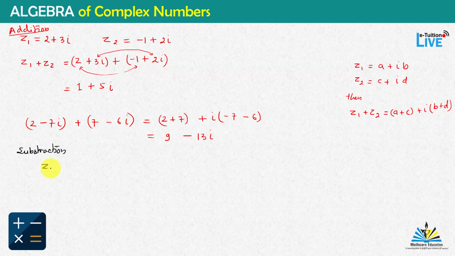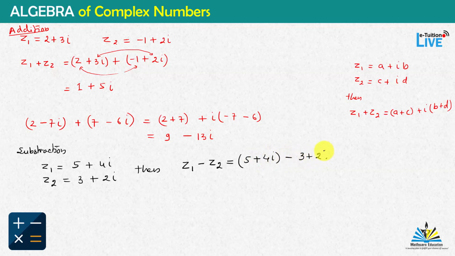So let's say Z1 is equal to 5 plus 4 iota and Z2 is 3 plus 2 iota. Then Z1 minus Z2 can be written as 5 plus 4 iota minus 3 plus 2 iota.